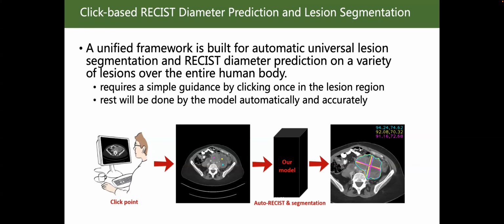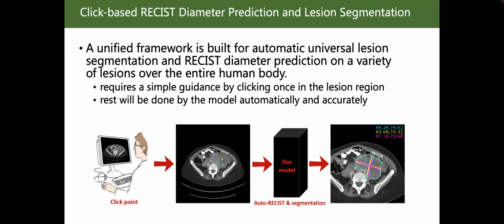And this figure shows the overview of the one-click guided lesion segmentation and RECIST diameter prediction. So given a CT image, the radiologist only needs to click one point near or inside the lesion. The rest will be done by the proposed methods automatically and accurately.